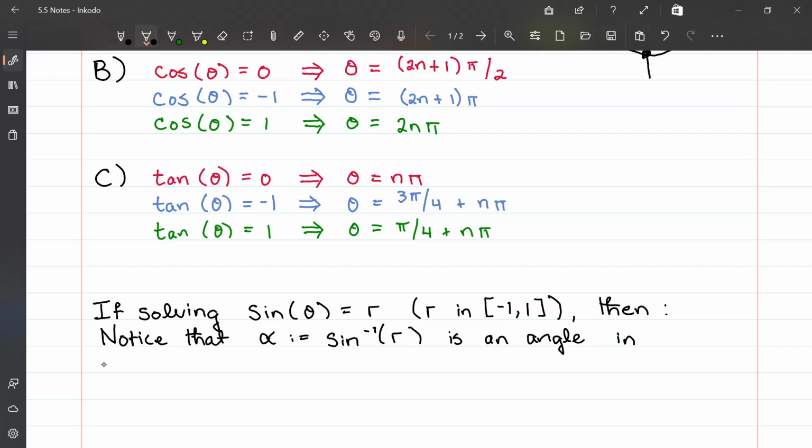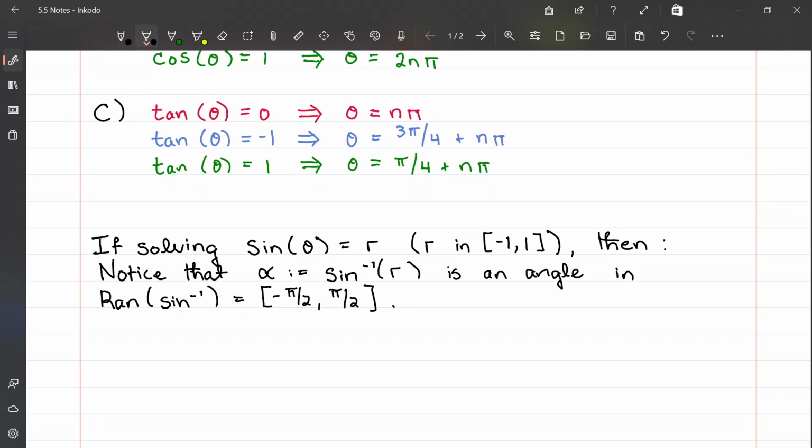And for those of you who do not remember what the range of arcsine is, that's not too hard to reproduce here. It turns out the range of arcsine is the closed interval from negative pi over 2 to pi over 2. And we're going to think of alpha as being our very first solution to this problem.